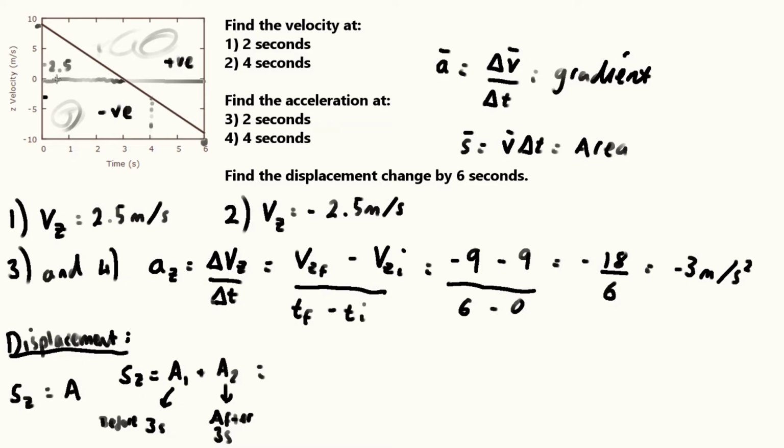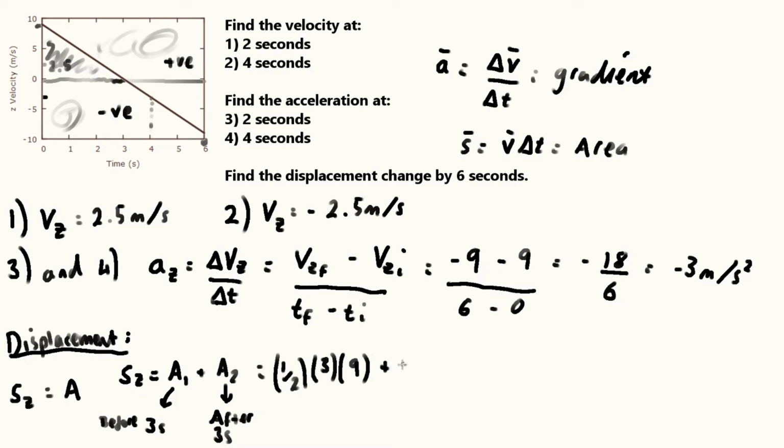Area 1 is a triangle, so we work out the half times the base times the height, where the base is 3 seconds. If you look at this triangle here, 1/2 times 3 times the height, which is 9.